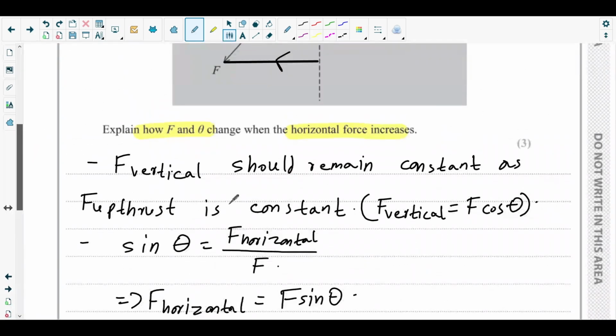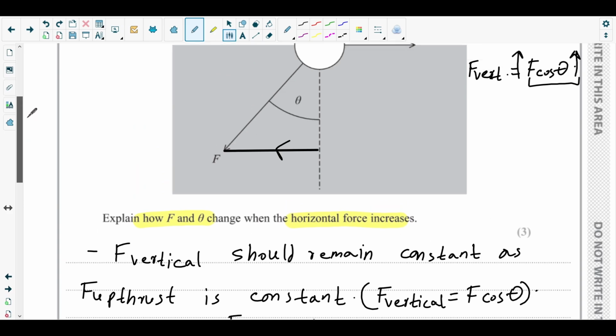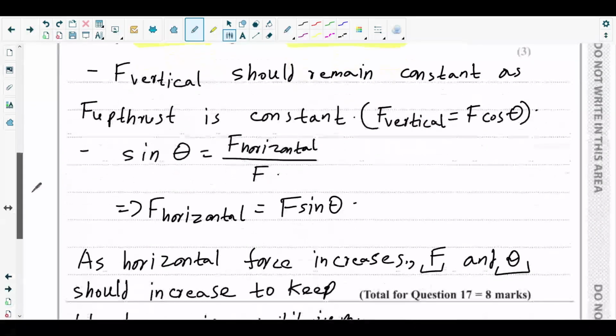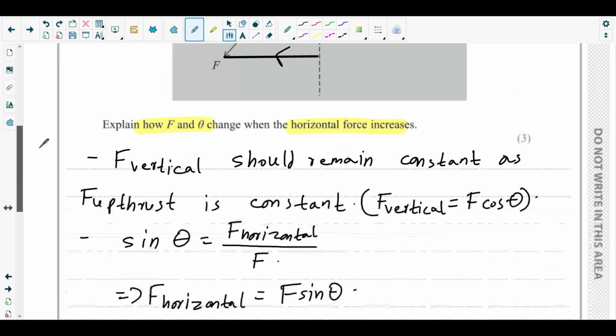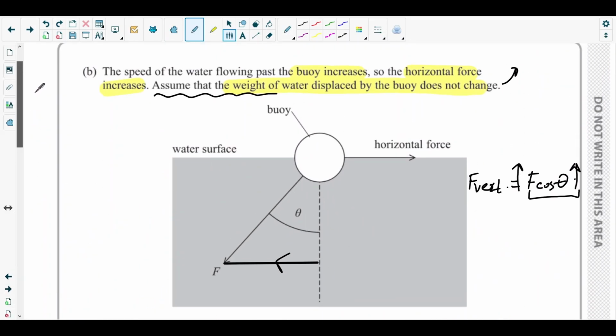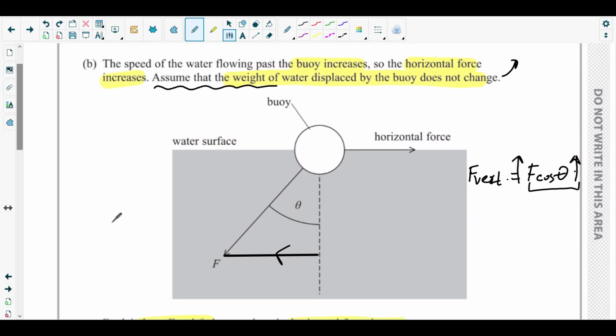If theta increases, cos theta decreases, and F increases, so it gets balanced, keeping the vertical component of force F constant. That's enough. That's all about part B of question number 17 from the May 2023 Physics Unit 1 paper.